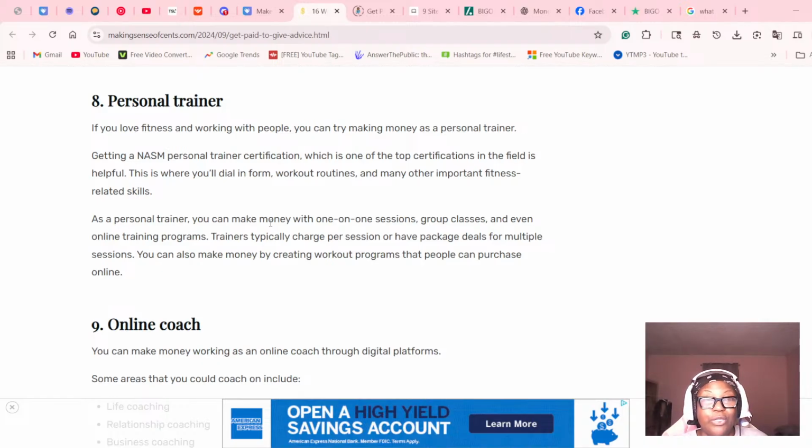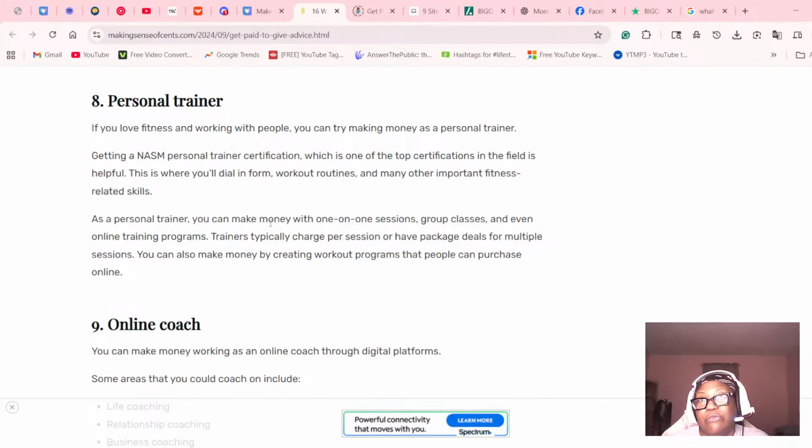And so, I guess dad is working, mom is there taking care of him, and so they have a trainer come out and work him out as opposed to him coming to the center, like we did the other day, and him actually getting on the machines. He will have a personal trainer come and work him out, and stretch his muscles and all that kind of stuff. So as a personal trainer, you can make money with one-on-one sessions or even group classes, even online training.